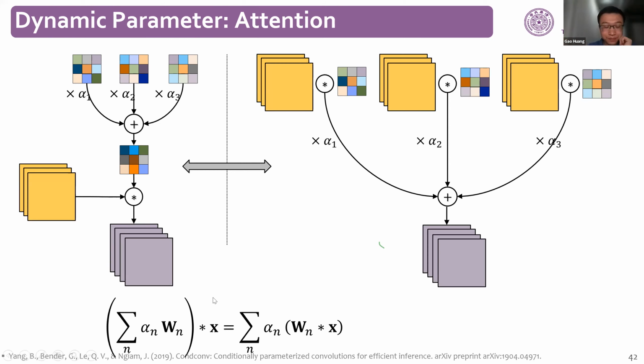The weight is applied to the input feature, and then the coefficients, or the attention, are applied to the output feature, and this is equivalent to first applying the attention to the weight, and then applying it to the input feature X. So the attention mechanism is actually a special type of dynamic parameter network design.